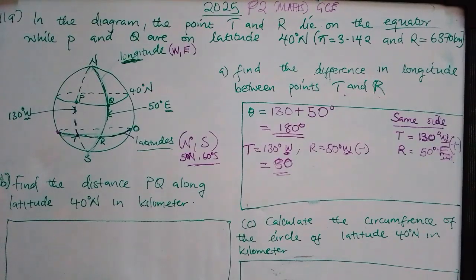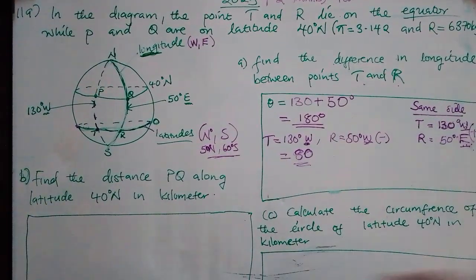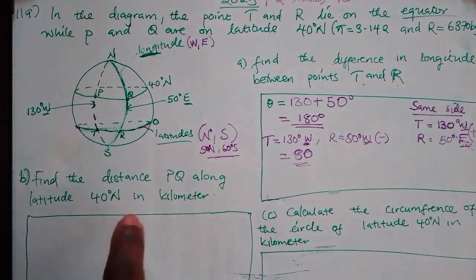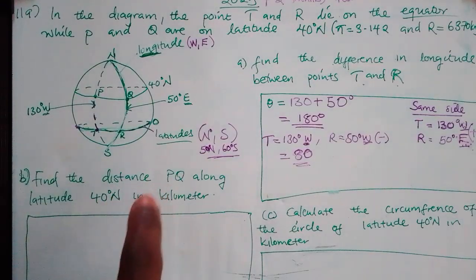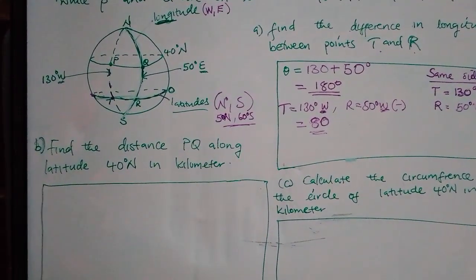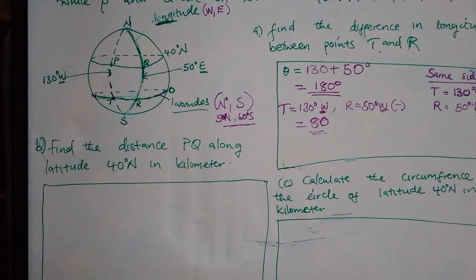The next question is saying, find the distance PQ along latitude 40 degrees north in kilometers. We have a formula which we use for calculating distance, and you need to know it.